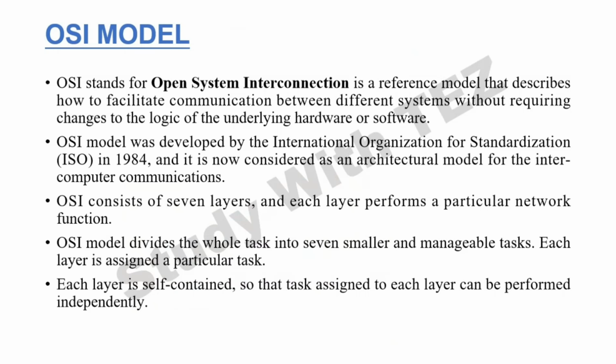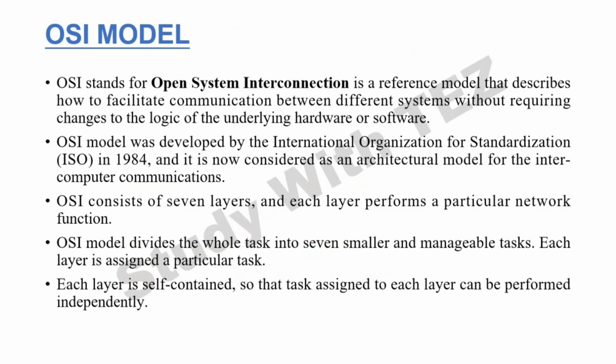It was developed by ISO, the International Organization for Standardization, in 1984, and now it is considered an architectural model for computer communications, and it contains 7 layers. TCP/IP had basically 5 layers. In other sources, you might also see it as 4 layers, wherein the data link layer and physical layer are clubbed into a layer called the network access layer. So 4 or 5 layers, whereas here it is 7 layers.